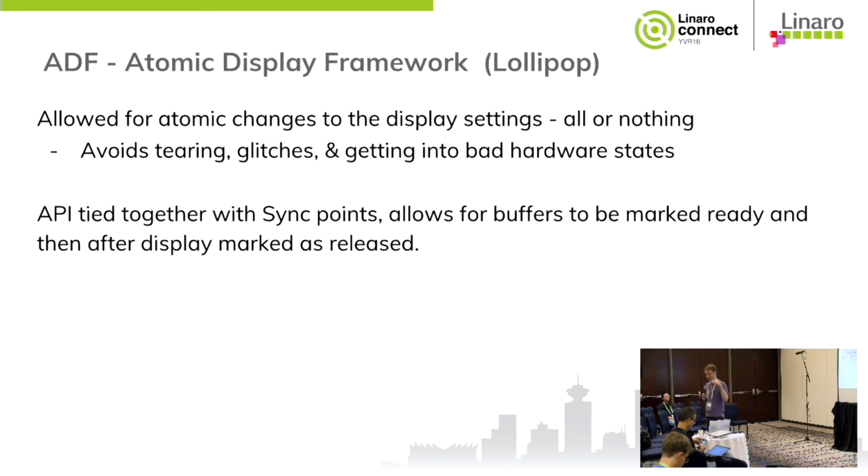Often when you're configuring a number of these planes, if you get down to the last one and then find some error that the controller can't actually display, backing all of that state out is really complicated. So this provided infrastructure for managing those state changes. The other cool part is that it was tied to the sync points, so they could pass in a sync fence with the display settings. Once that fence had fired, they knew everything was done on those buffers and they could be displayed.